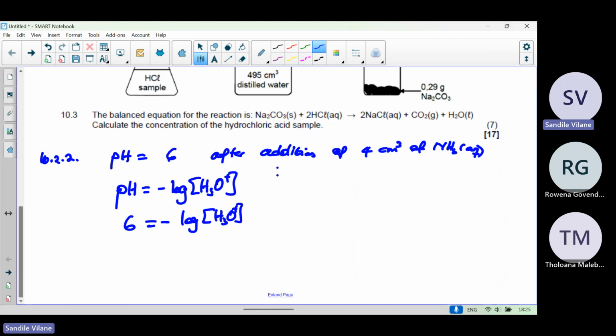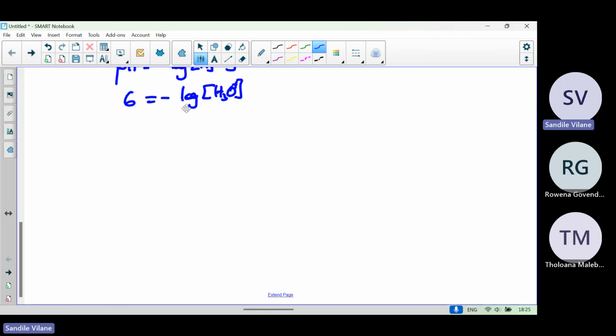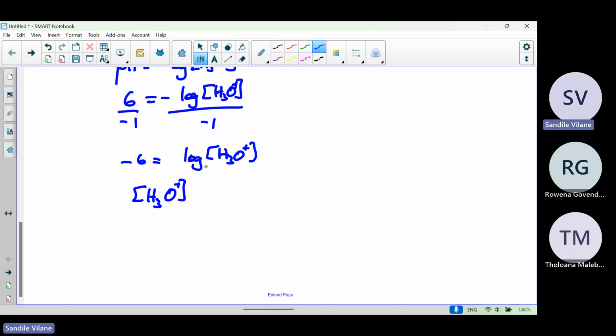So how do we solve this? To solve this, first divide by -1. Logarithms in mathematics, log of the concentration of that. And then to find the concentration of this H3O plus, remember there is a base 10 here, or you can just use your calculator, shift log. We call that the anti-log.